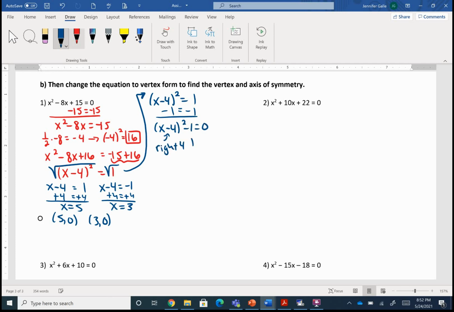A minus 1 outside goes down 1. Right 4 is positive, down 1 is negative. This is our vertex. The axis of symmetry is just x equals the x value at the vertex. So this is our axis of symmetry.